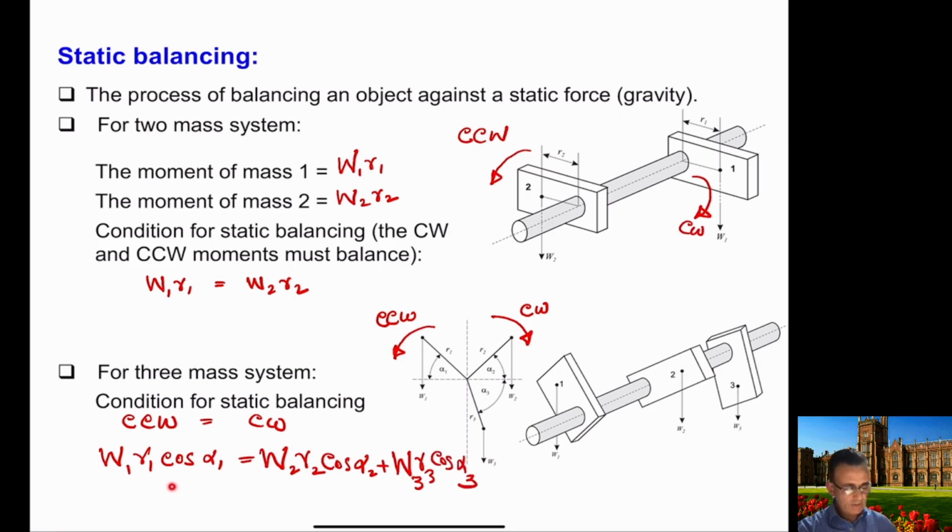So this is the condition of static balancing in this specific case. If the right hand side is equal to the left hand side, or the clockwise moment is equal to the counterclockwise moment, then the system will be in static balance.